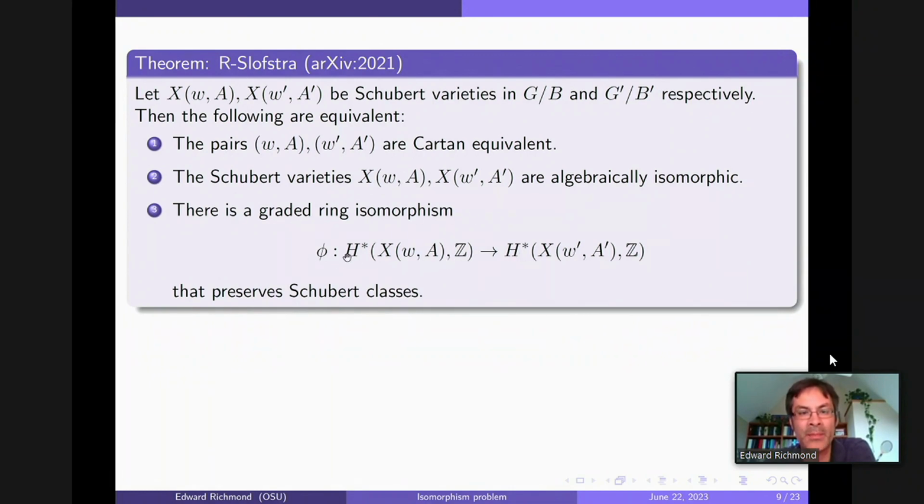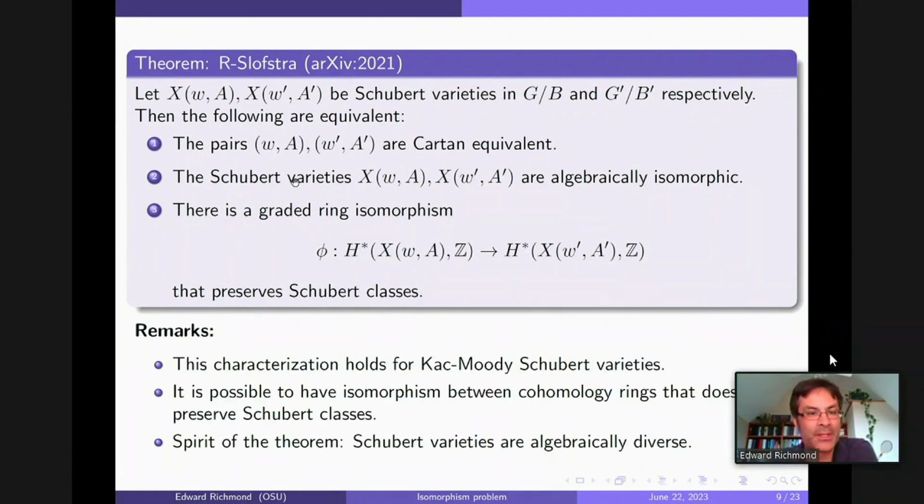It has to map the Schubert classes of this ring to the Schubert classes of this ring, and it has to be on the nose. It can't be scales, it can't be linear combinations. There's a unique set of Schubert classes over here, and this map phi has to map them perfectly onto Schubert classes on the other side. And it turns out these three things are equivalent.